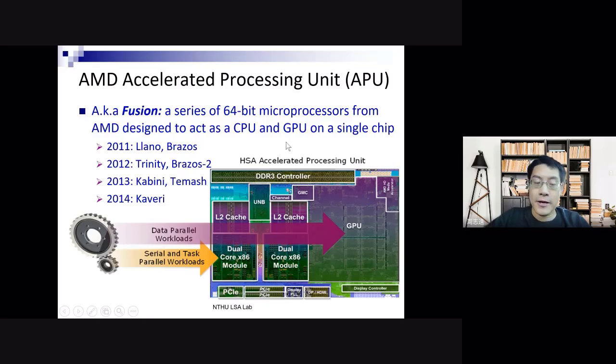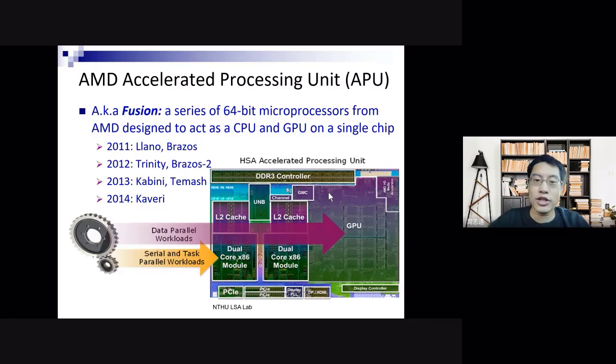Okay. This is just an example, and if you look at the top 500 list, you can also find a couple of supercomputers using this kind of processor. You can find them by this: if you see that a supercomputer only has CPU processors but doesn't have an accelerator, but it can still reach a very high performance, then it's very, very likely using this technology.